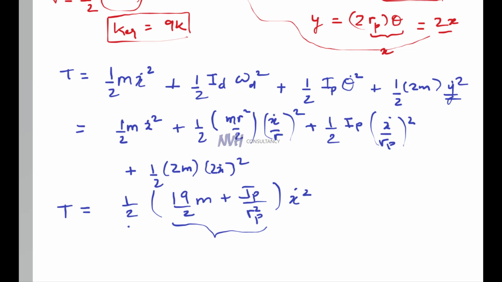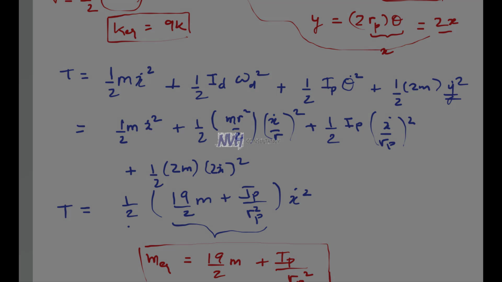So finally you can say the equivalent mass of the system is equal to 19/2 m plus Ip divided by rp square. This is the equivalent mass of the system shown in the figure. Thank you.